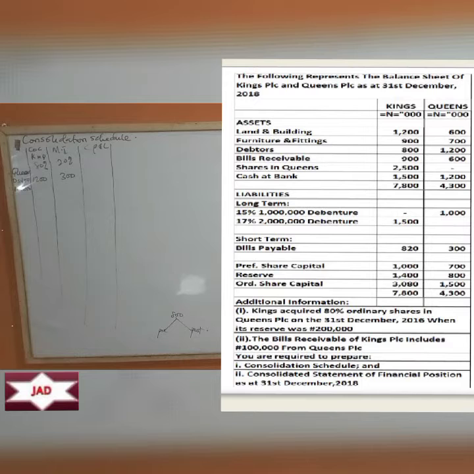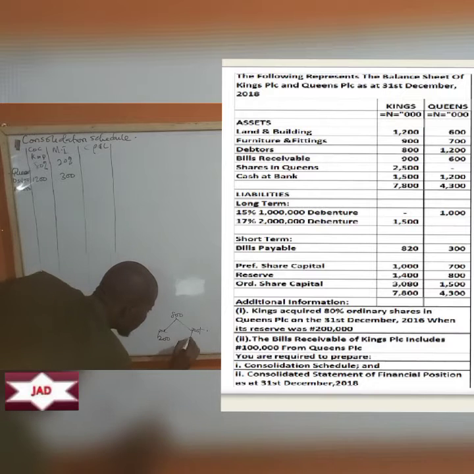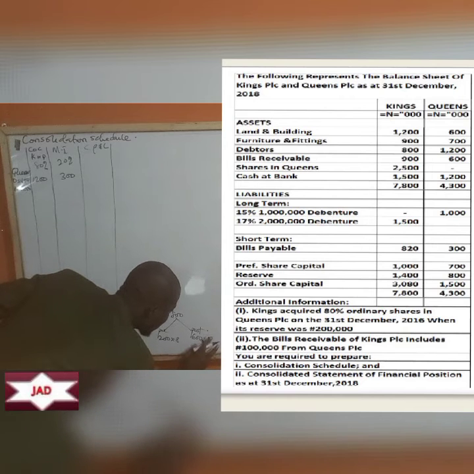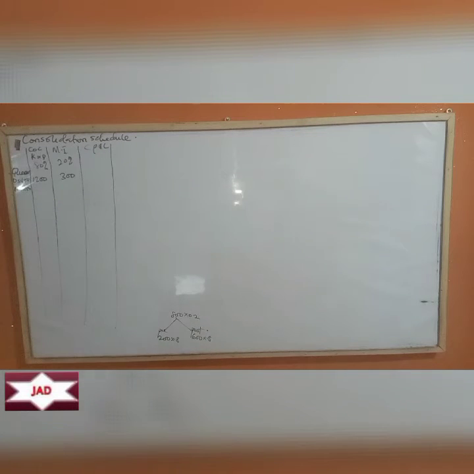That's 200. The pre here is 200. The post will be 600. So this times 0.8, and this times 0.2. So 200 times 0.8, what do we have? 160. So you have 160 here.